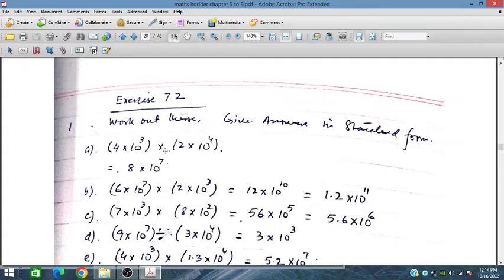7.2 is multiplied with this, so this with this, 2 for the 8, and the power should be the same. So these powers are added up. 3 into 4 is 12, so 10 to the power 7. For this one, similarly multiply this to get this and this.